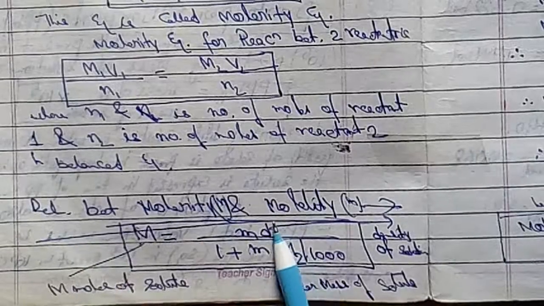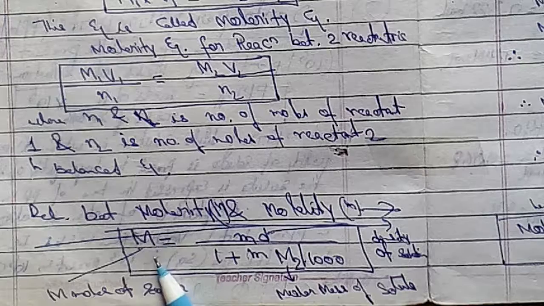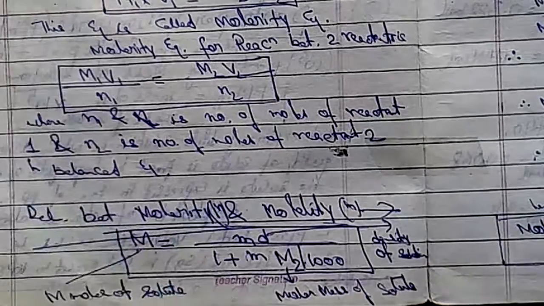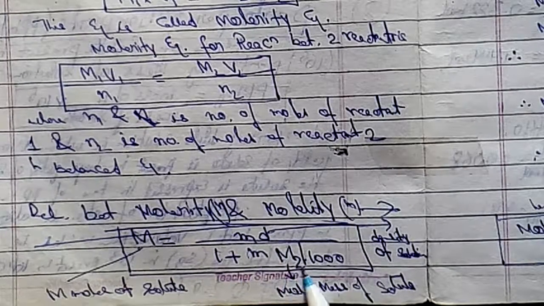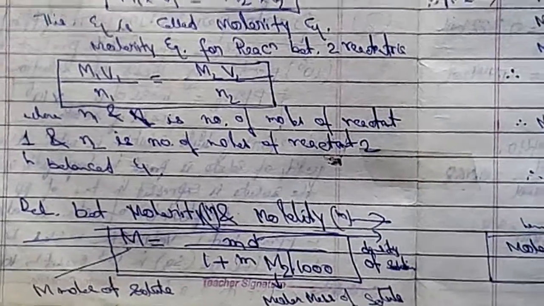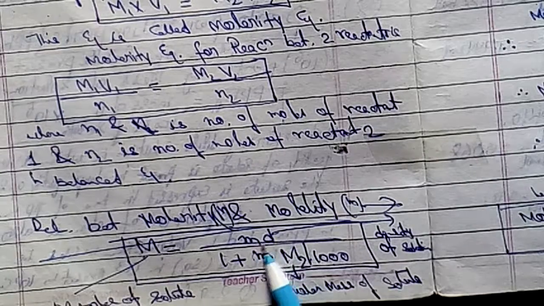Finally, the relationship between molarity and molality. The formula is: molarity M equals 1000 m d divided by 1000 plus m M2.